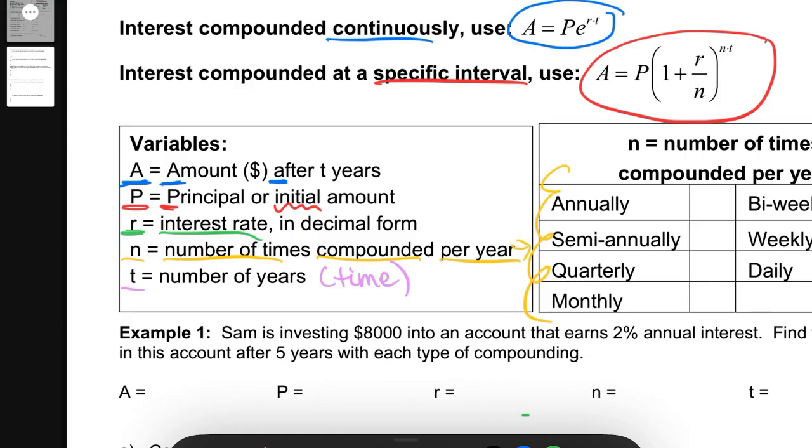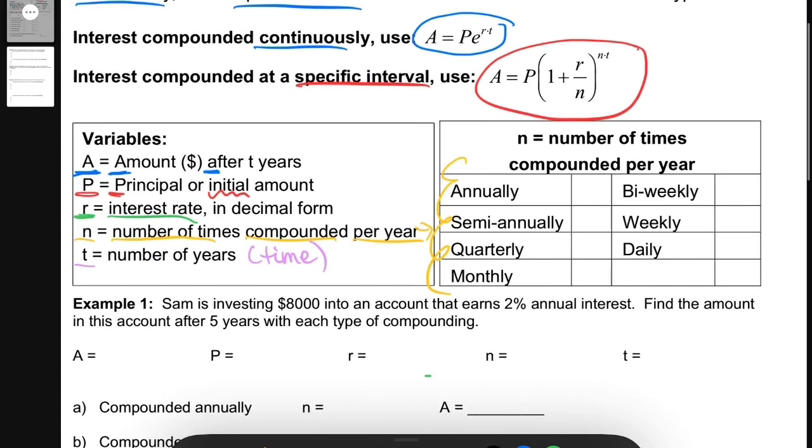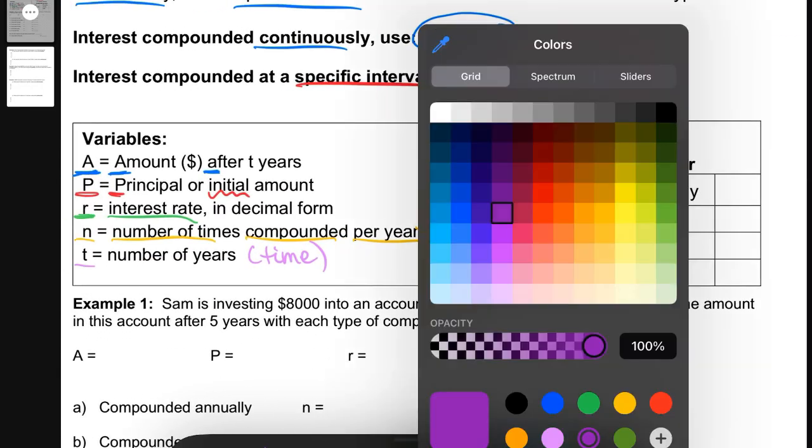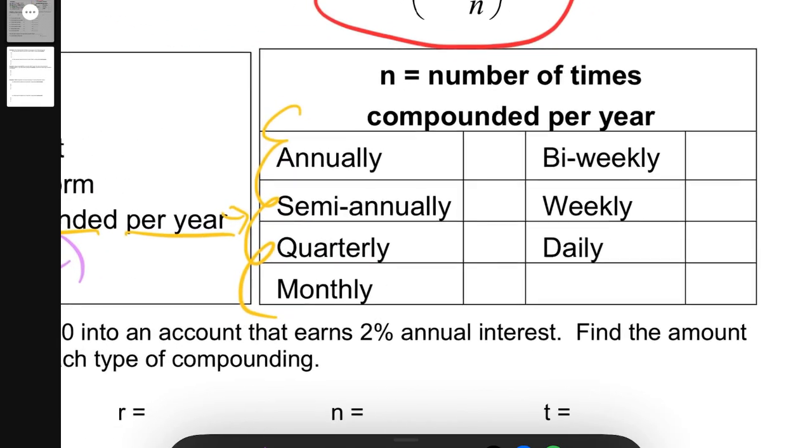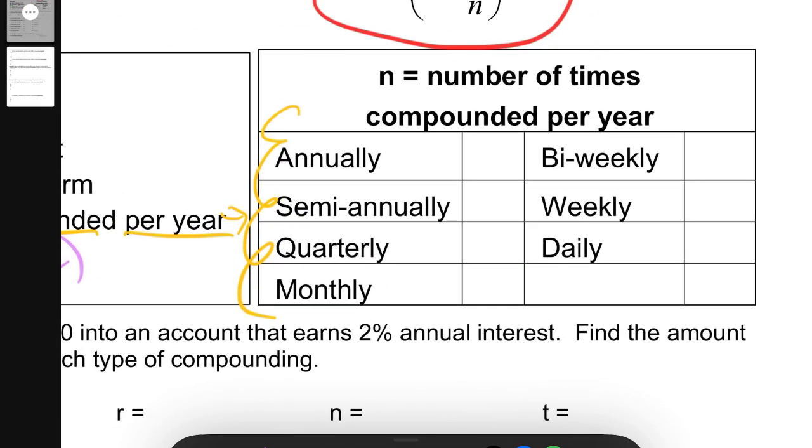Now, for the number of times we're compounded per year, this little chart over here on the side is going to give us some options. Compounded annually means 1 time per year, so n would equal 1. Semi-annually is 2. Quarterly is once every quarter of a year, 4 quarters in a whole, so that's 4 times a year.